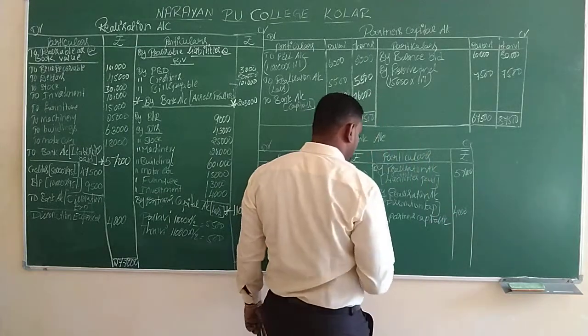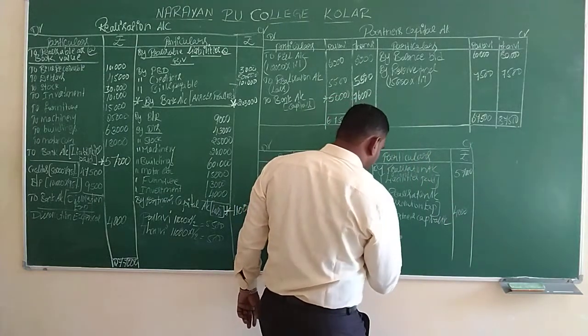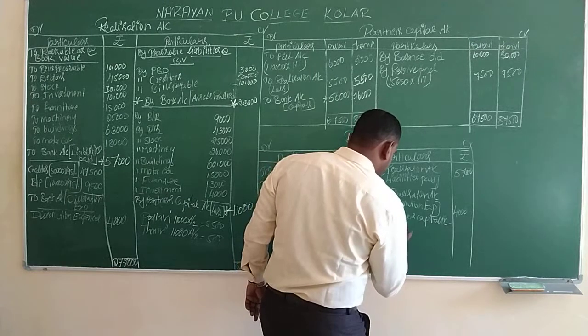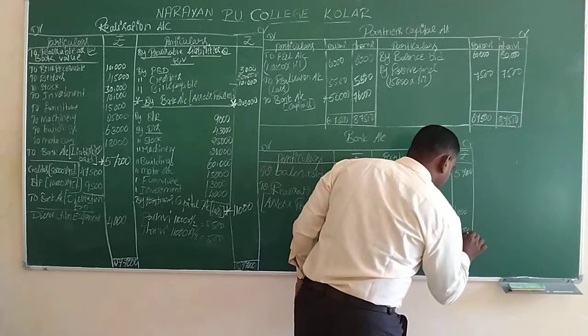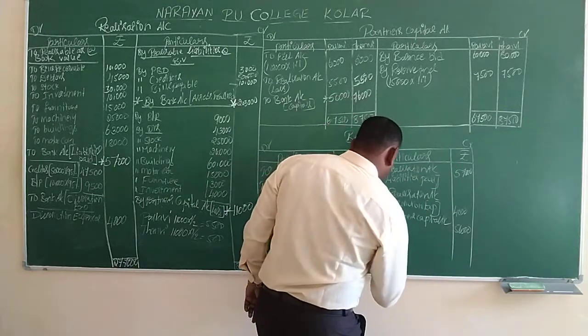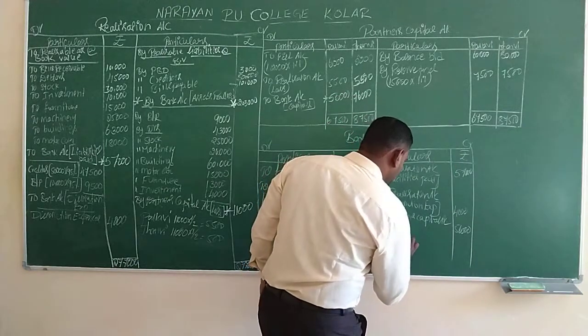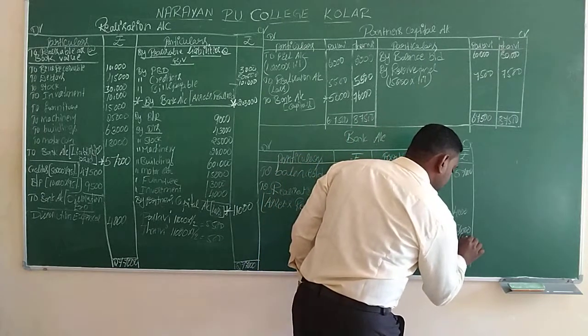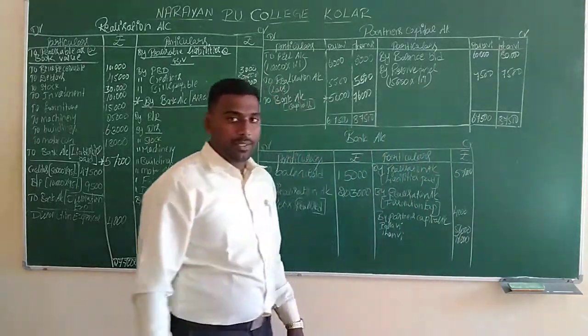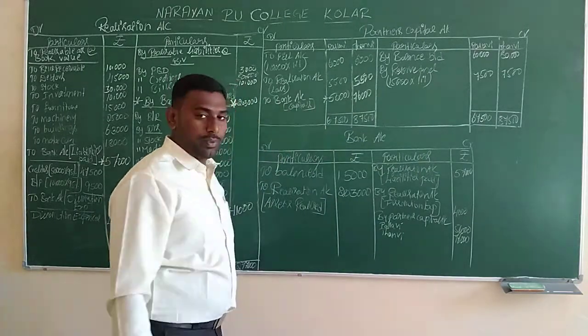First partner Pallavi, 56,000. Second partner Tanvi, 76,000. The two partners' capital is also complete, so this account is also complete.